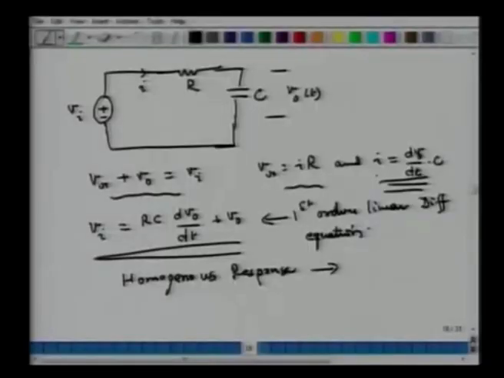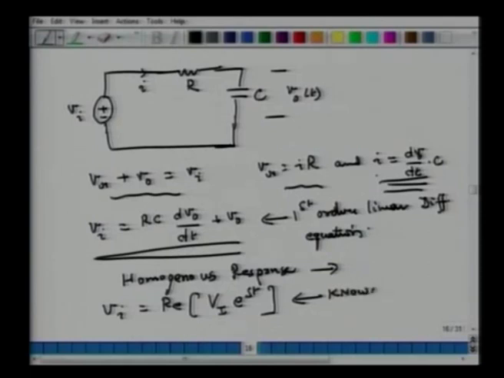That we can do in a fairly straightforward way if we use complex variables and also Laplace approaches. For this particular function, let's say that Vi is the real component of Vi e^st. This is known input. I know how a power generator is working, so I know this. If the system is linear, then my output also has to have a similar shape.